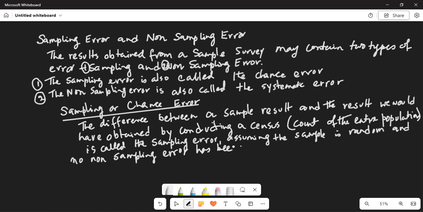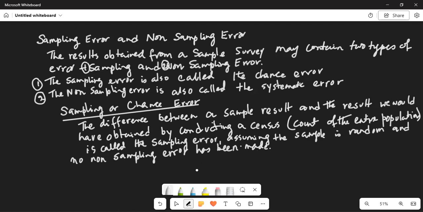So again, to repeat, the difference between a sample result and the result we would have obtained by conducting a census count of the entire population is called the sampling error, assuming, of course, the sample is randomly drawn and no non-sampling error has been made. So then the question becomes, what is non-sampling error?